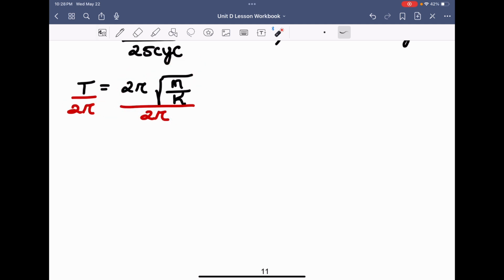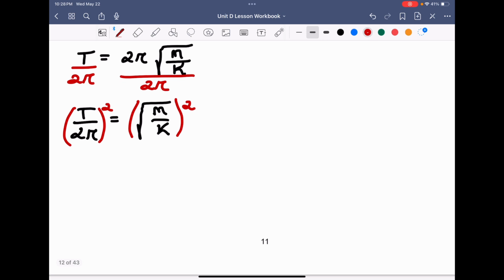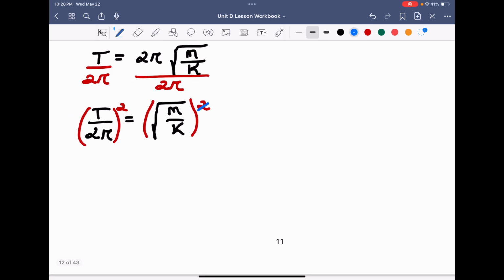So we're going to just divide away 2 pi, put it over on the other side, and it's going to give us an equation where we have T over 2 pi is equal to the square root of m over k. Now, in this situation, it's so much harder to forget to square everything on both sides because we can clearly see everything here. We know that our square and our square root are going to cancel on the right-hand side, so I can cross those out.